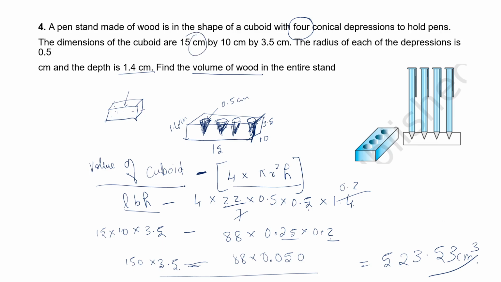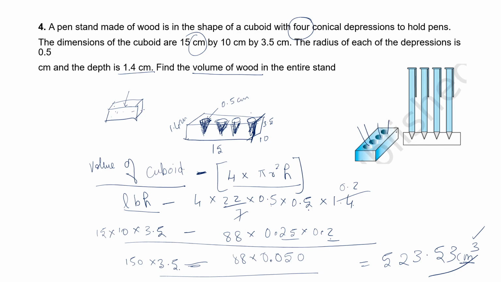See the units here. If it is centimeter, use centimeter, and since it is a volume, it will be cube only. 3 dimensions are there, no? So now can you understand what the question is? Calculation you can do by yourself. Just understand the question. A cuboid is given like this, 4 shapes are cut. The cut shape will be hollow. That volume is not required.